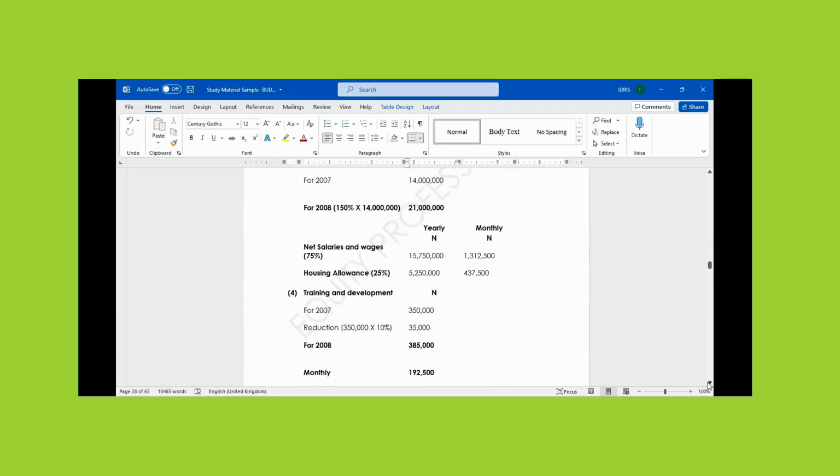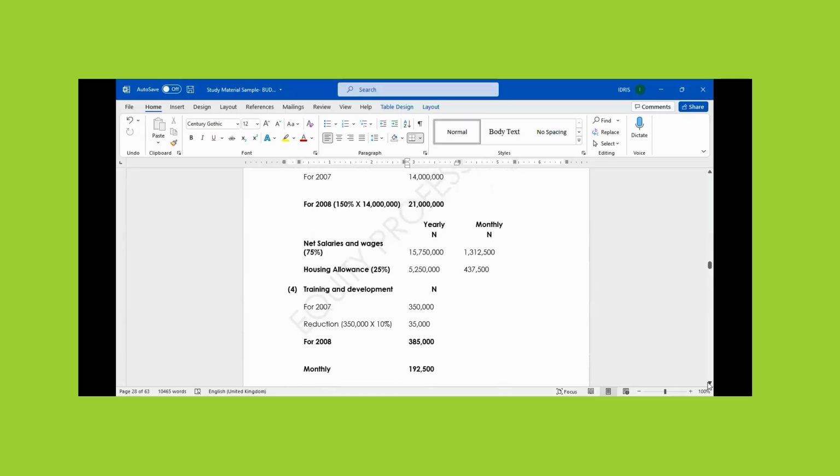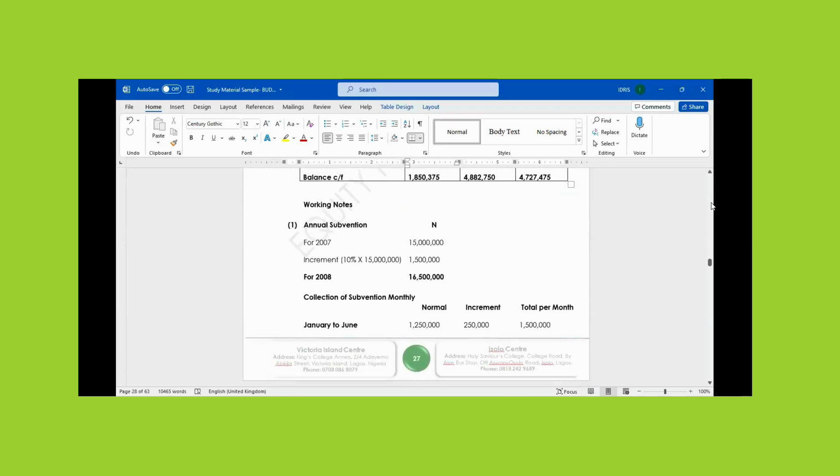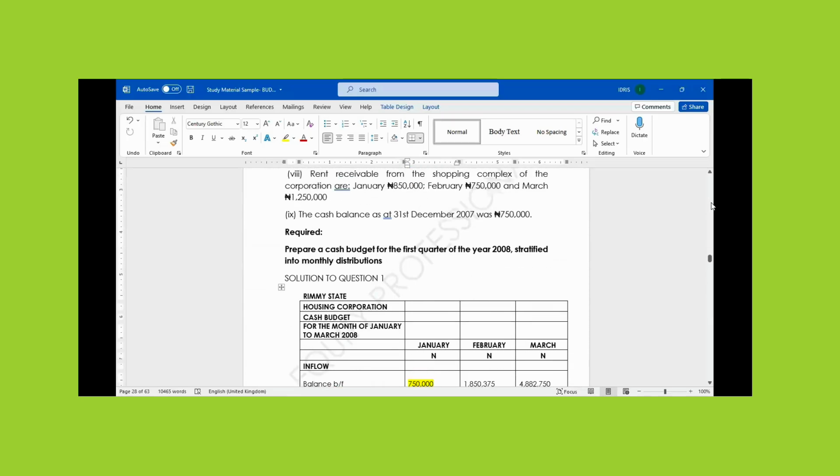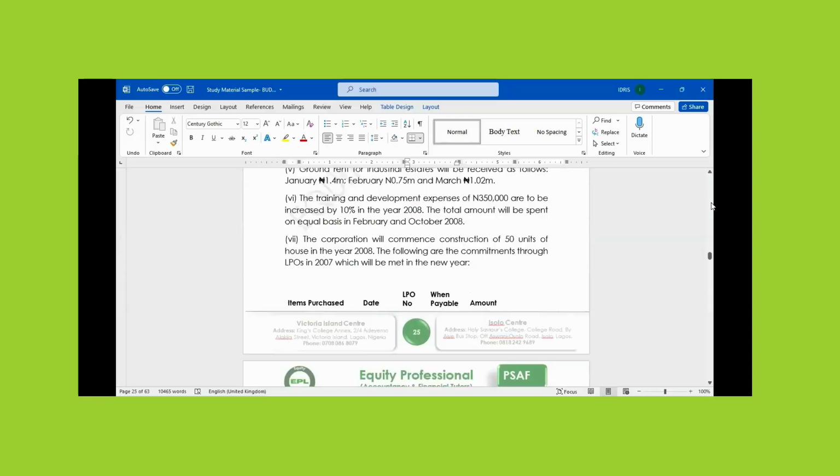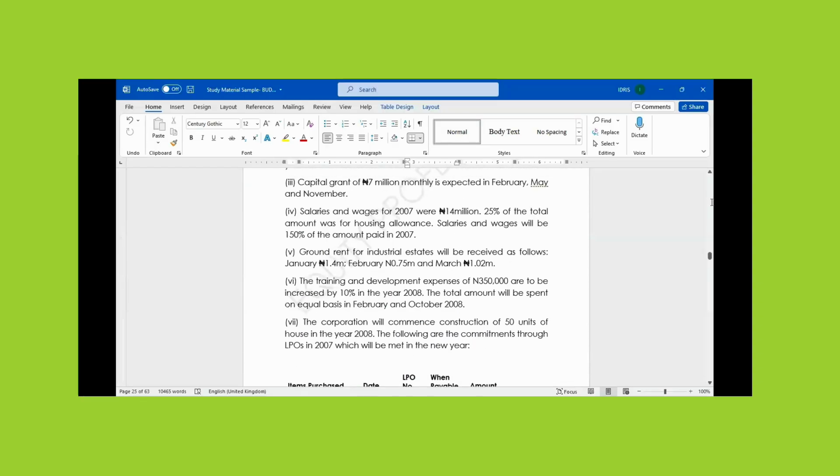If you go to working note 4, can you see it? Yes, sir. This training and development, how many months are we going to receive it in 2008? We are told in February and October, so it's going to be received for 2 months.